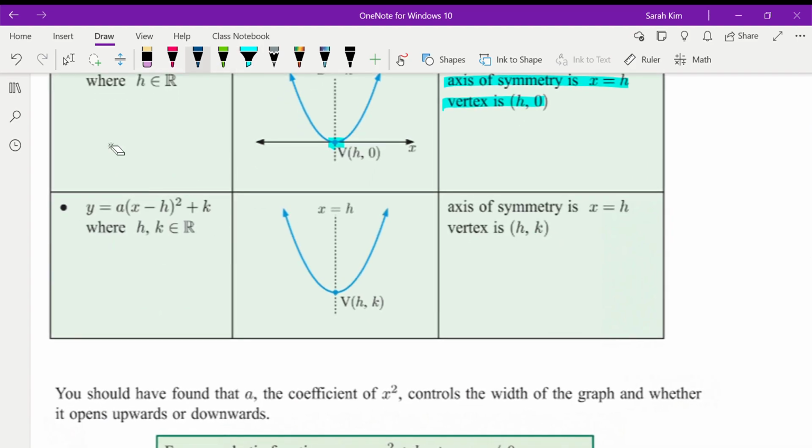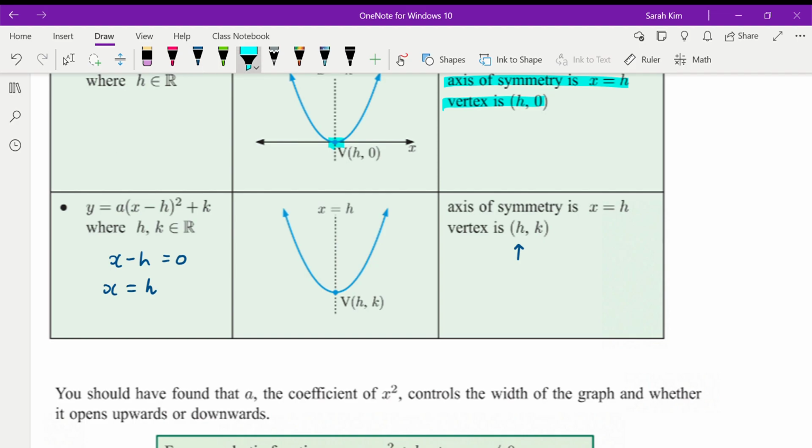If you have that format, where you have a factor squared and then a plus k, you should be able to summarize that the vertex is (h, k). So if there's a bracket, whatever that minus h factor is, that will be your x coordinate. So you obviously inverse it. If I find the null factor, I go x take h equals 0, so x must equal h, so that becomes my x coordinate of the vertex.